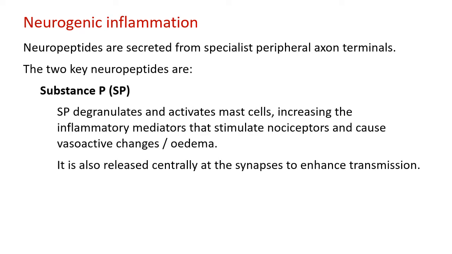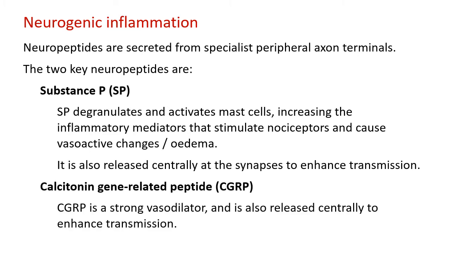Substance P is significant because it not only causes an upregulation of inflammation by degranulating and activating mast cells, remember mast cells secrete cytokines and prostaglandins as well as histamine, it's also exocytosed at CNS synapses, resulting in pro-nociceptive synaptic upregulation. CGRP is a strong vasodilator, and therefore with substance P, through the release of histamine, adds to hyperemia and edema.